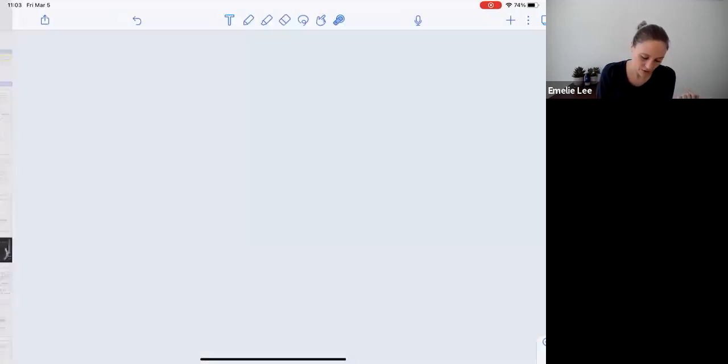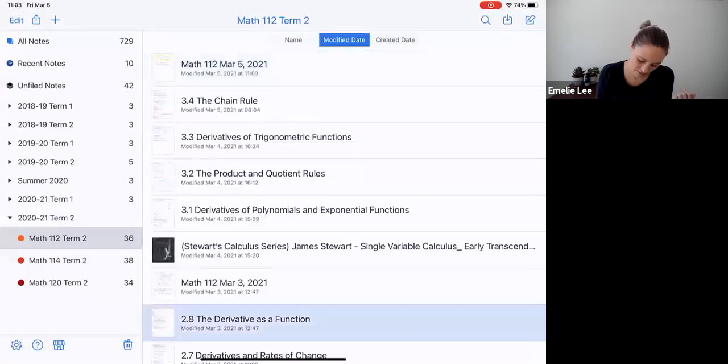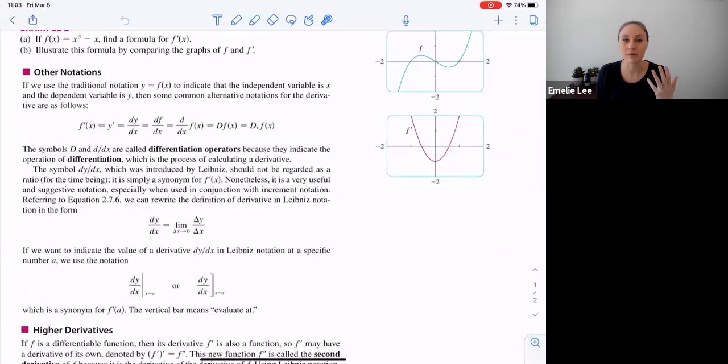And then we also introduced higher derivatives, right? So I can take the derivative of the derivative, which if we kind of think about it, so the derivative is the slope of the tangent line. So that's the rate of change of the original function at that point of x. Now, if I take the slope of the tangent line, and what I mean by that is the rate of change of the tangent line, right?